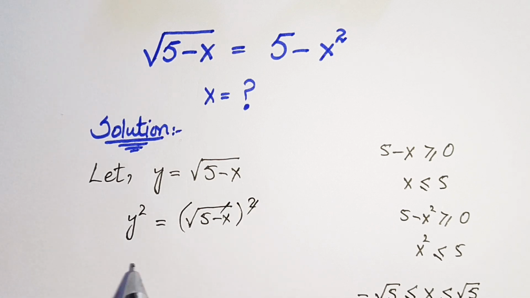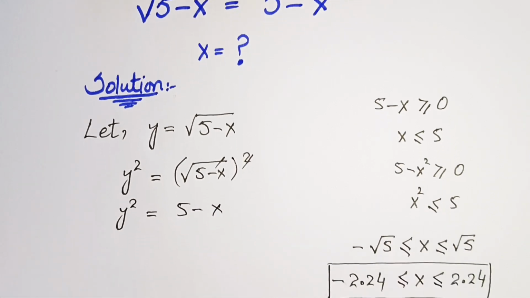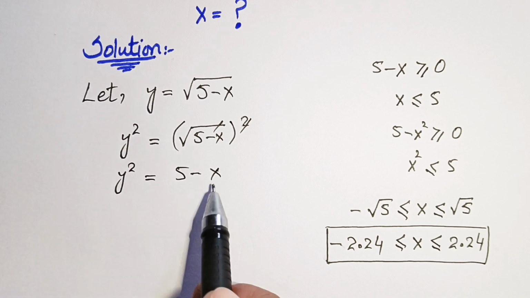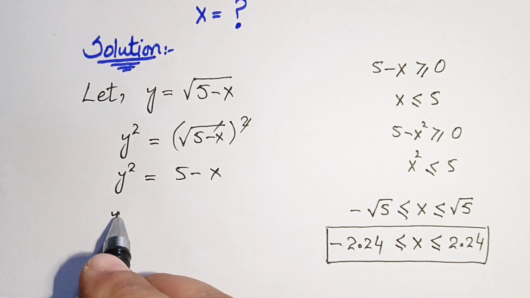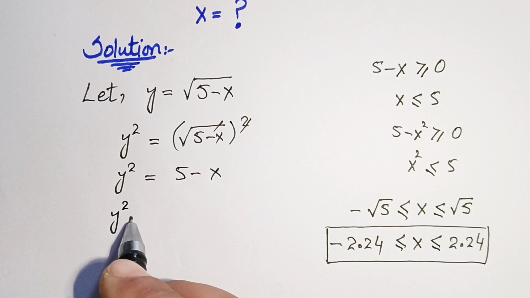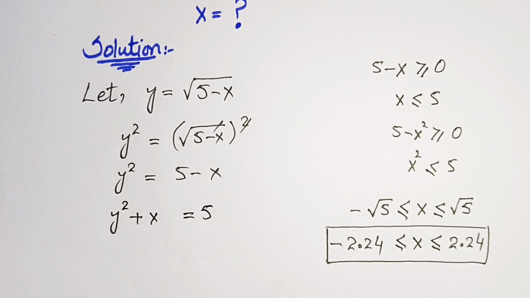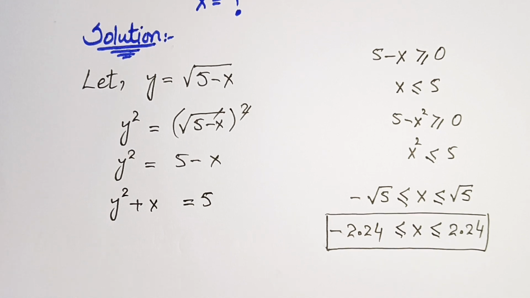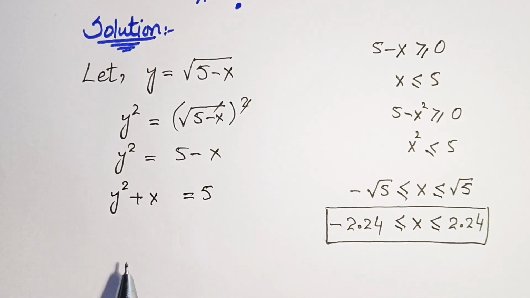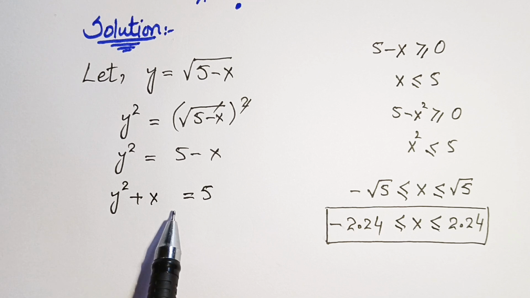Cancelling square with square root, we get y squared is equal to 5 minus x. If we shift this minus x to our left hand side, we get y squared plus x is equal to 5.